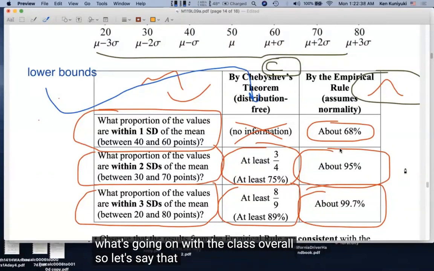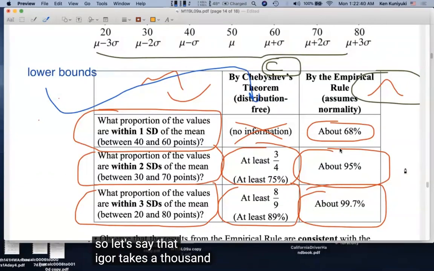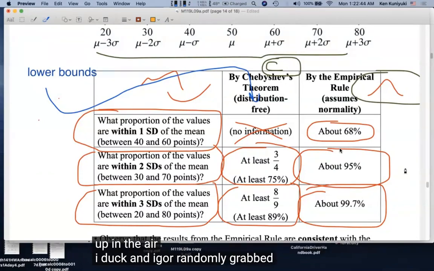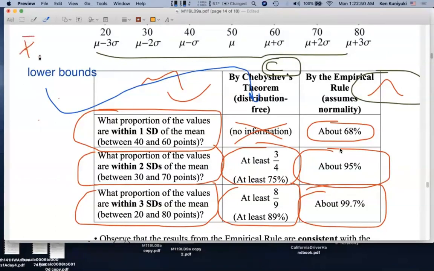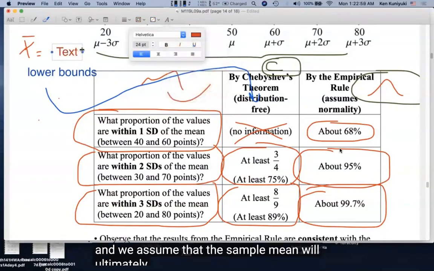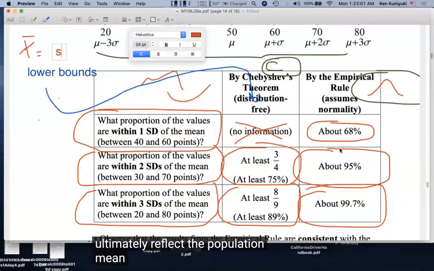So let's say that Igor takes the 1,000 exams, throws them up in the air, I duck, and Igor randomly grabs 7 exams. He finds that the sample mean is 50 points. And we assume that the sample mean will ultimately reflect the population mean.